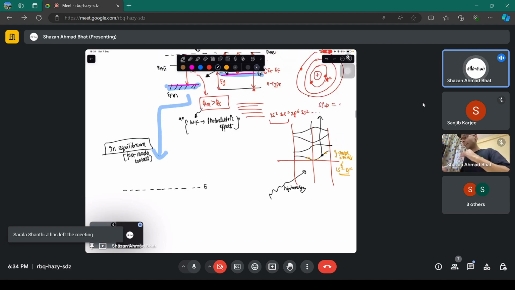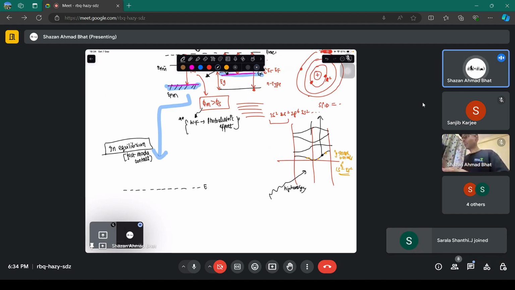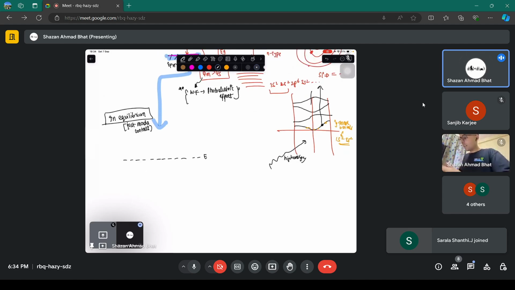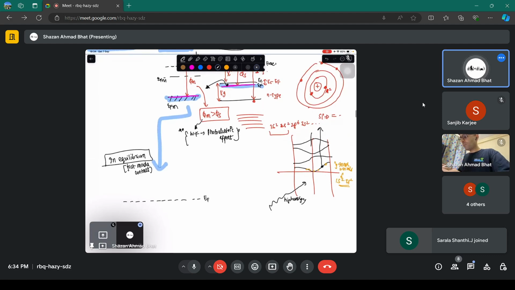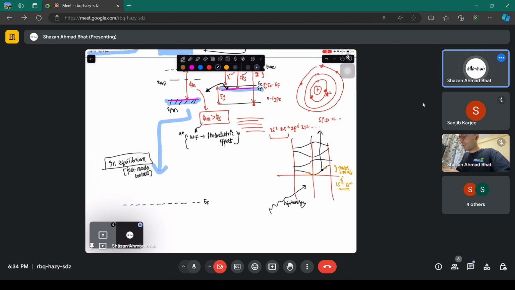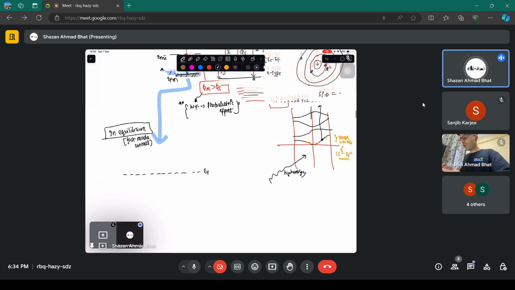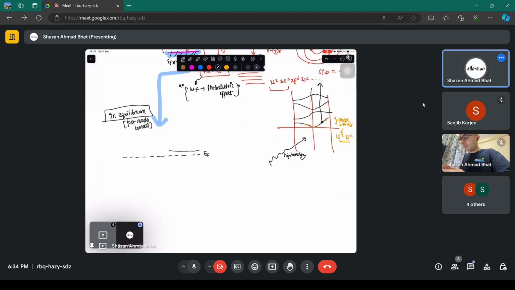As soon as you deposit a metallic layer over the semiconductor, this happens abruptly, within a fraction of a second. This is the overall Fermi level now. So you brought the electrons from this region to this region. Now the electrostatic potential of this particular side will go up so that it can align the Fermi level. And because of that, you now have a band like this.